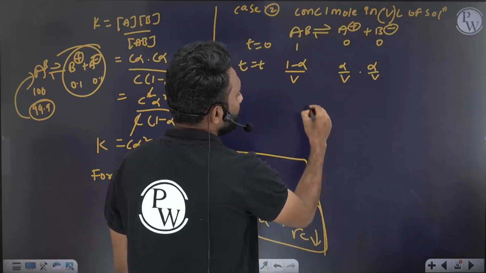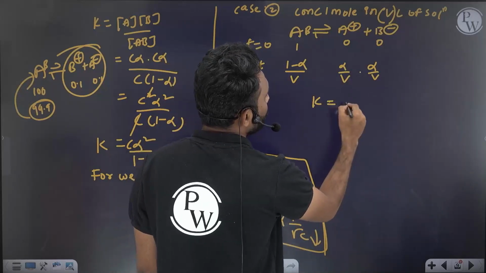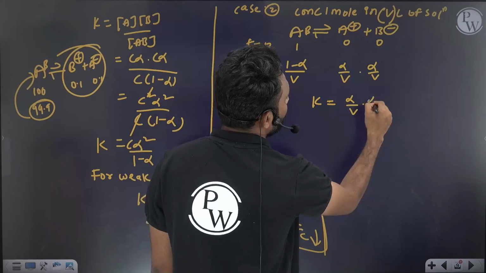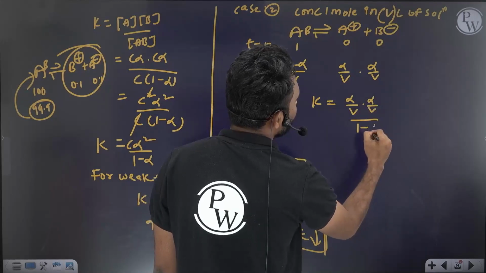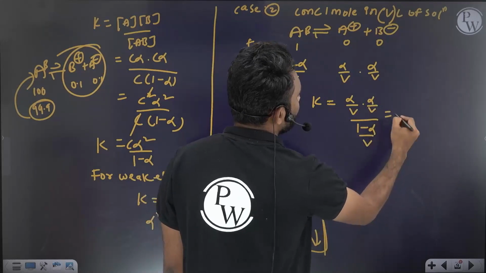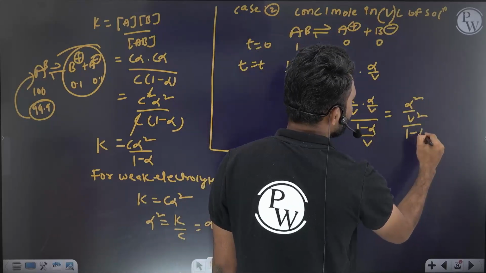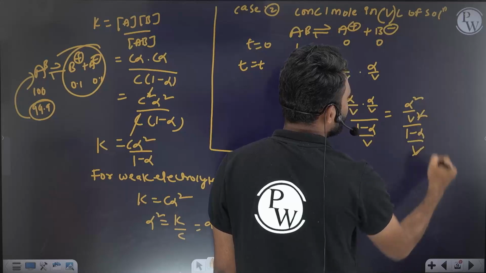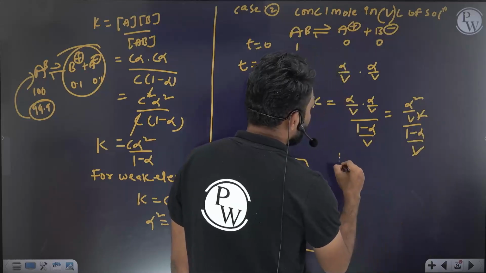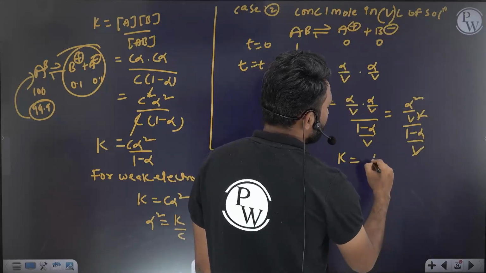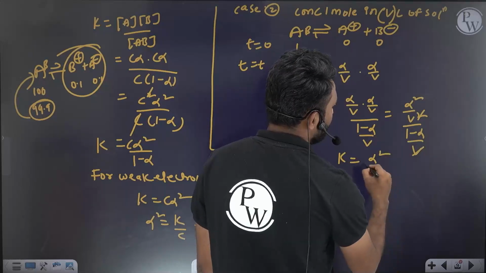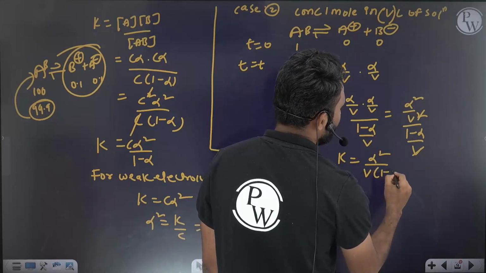Now the equilibrium constant K is equal to alpha by V into 1 minus alpha by V. Then it will become alpha square by V square by 1 minus alpha into V. V will get cancelled. The leftover will be K is equal to alpha square by V into 1 minus alpha.